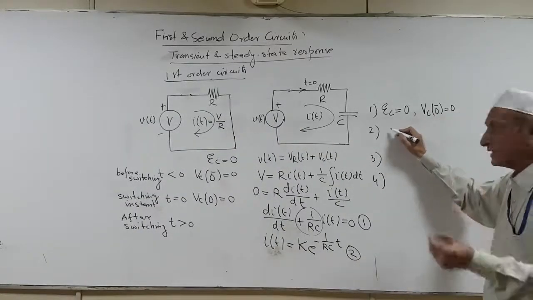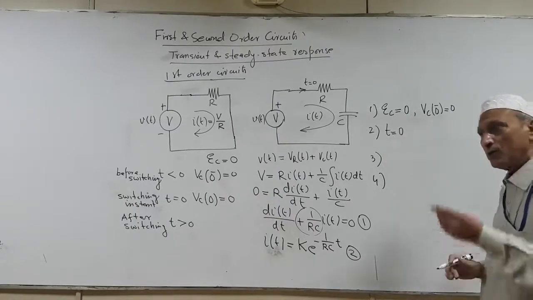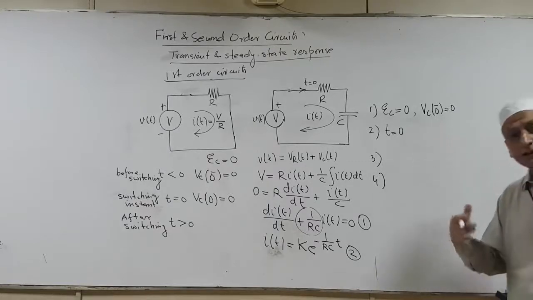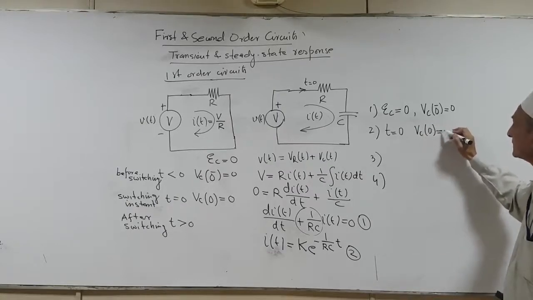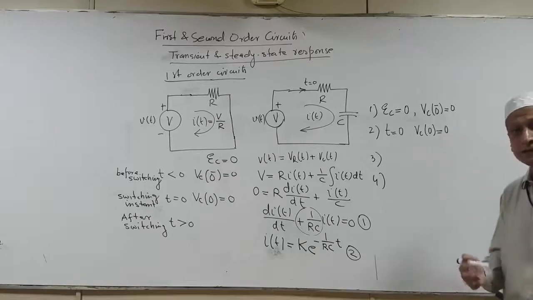Now, at the instant of switching at t is equal to 0, when we close the switch, the capacitor voltage will not change. It's a voltage sensitive device, so this means that it will remain the same, with the same polarity, if it's a finite voltage that is other than 0.